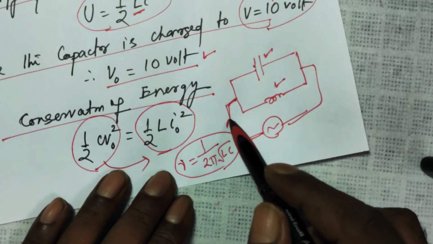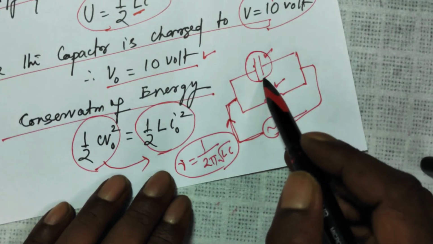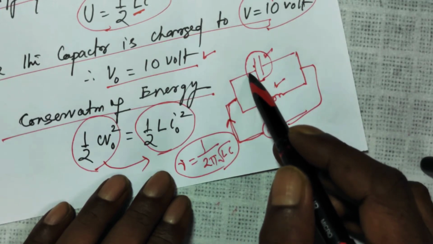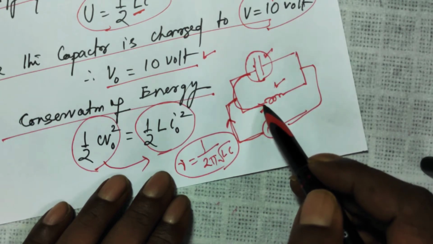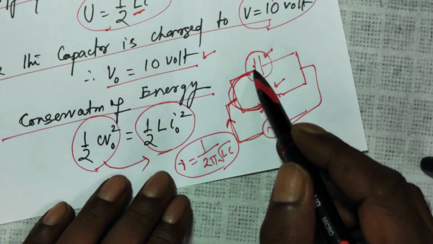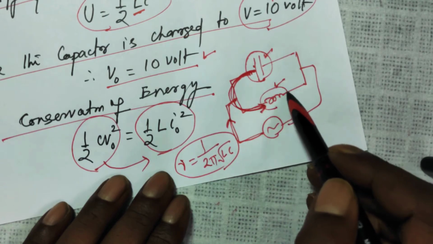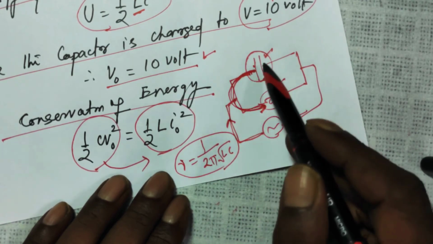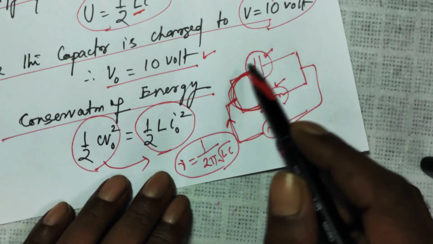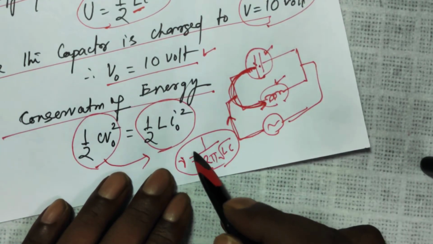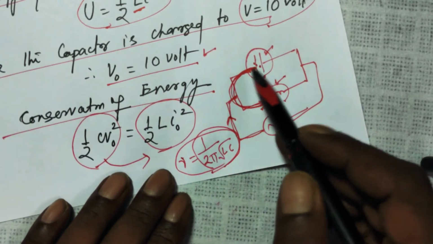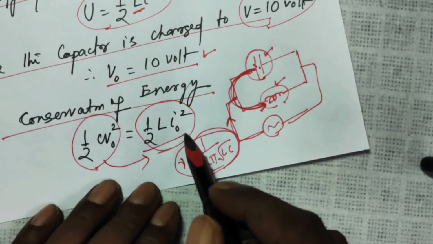The current from here was 0, that I had explained in previous two relations. So the energy stored here will be available across the inductor. Again, the energy stored in the capacitor will be available across the inductor. This transfer of energy from capacitor to inductor, and from inductor to capacitor, takes place at this frequency. So that is what we had studied.